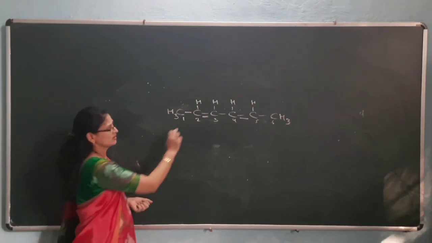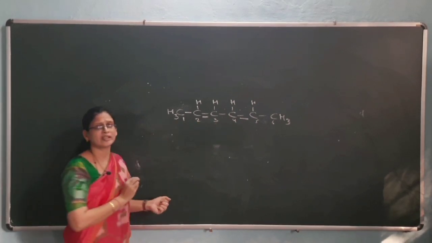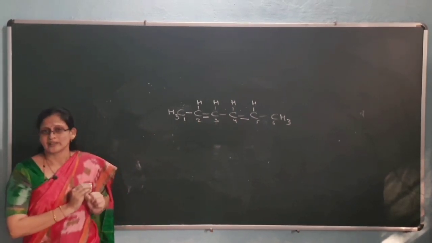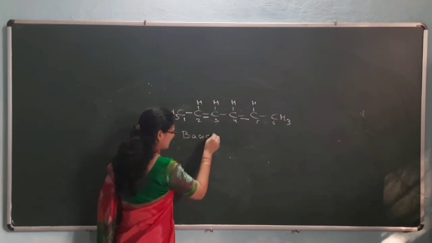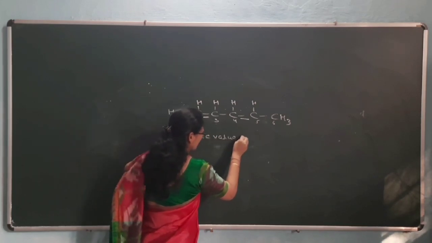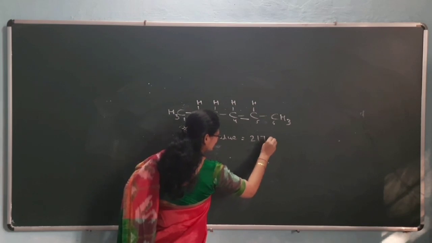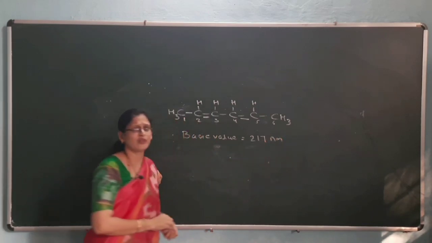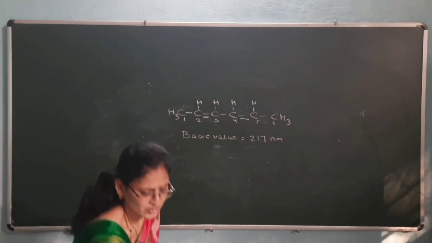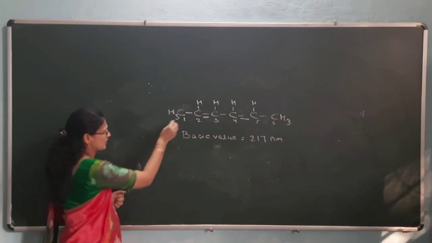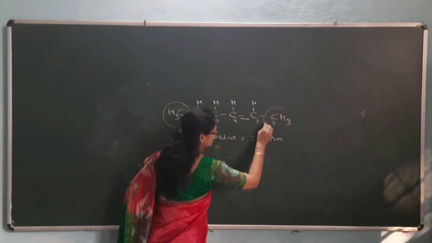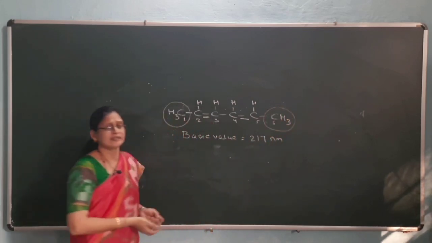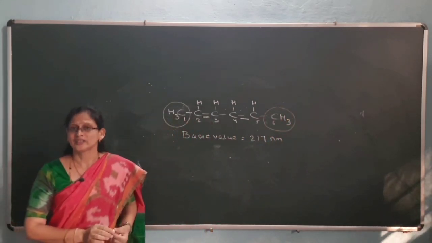First see, the basic unit here is a butadiene. So write it first, basic value, that is 217 nanometer. Then check for the increment. Here you can see 2 methyl groups. We take these 2 methyl groups as substituents.